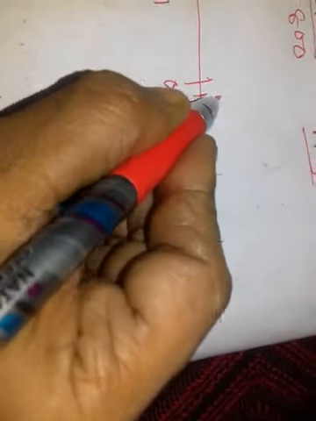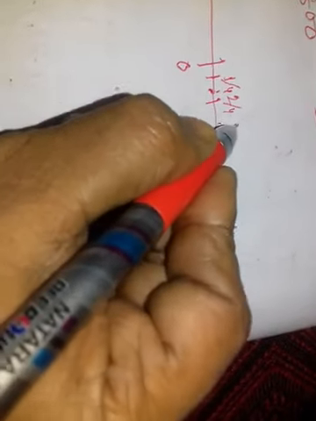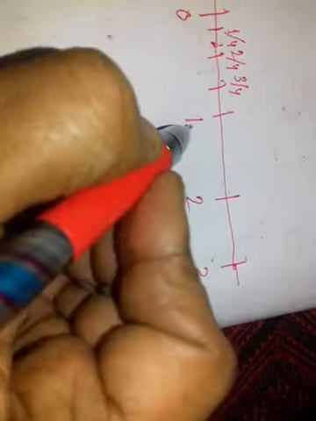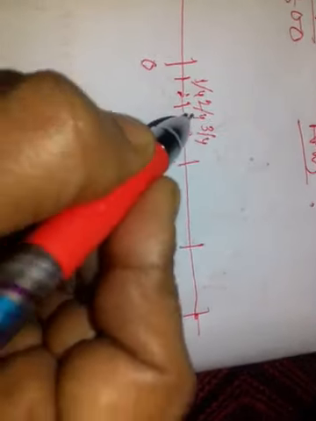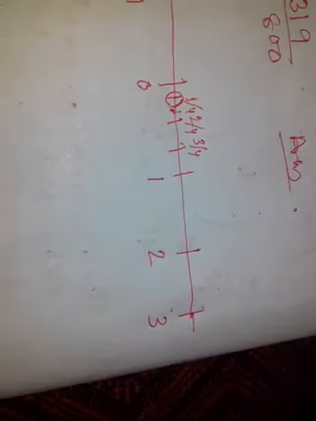So this is 1 by 4, this is 2 by 4, this is 3 by 4, this is 4 by 4. 4 by 4 means 1. And we have to put 1 by 4, so this is the place of 1 by 4.